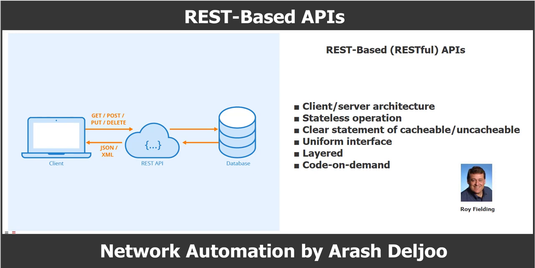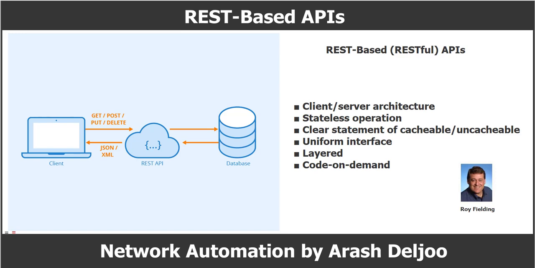In this video, I'm going to explain a little more about the first 3. Until now we know that when you want to recognize whether an API is a RESTful or REST-based API or not, you can verify that these 6 attributes are available in that API.